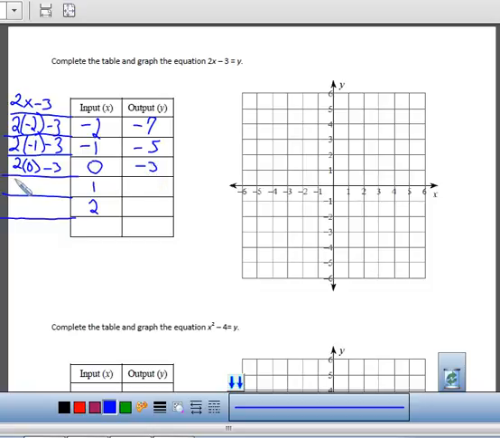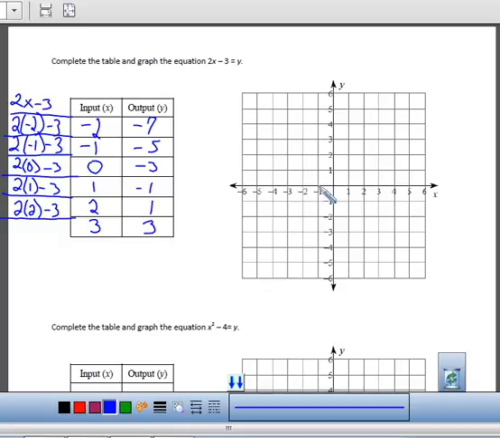And some of you might be spotting a pattern as we're doing this. That's a good thing. 2 minus 3 is -1. 4 minus 3 is 1. And then let's just do one more because we've got the space for it. And obviously this is going to be 3, 3.